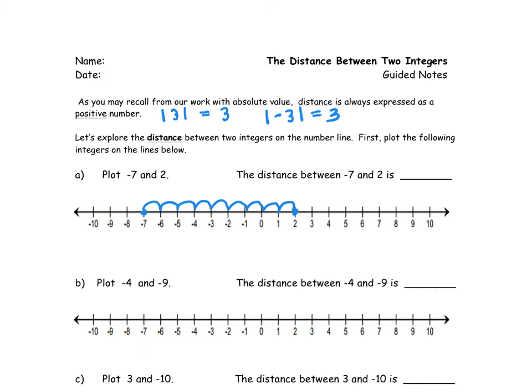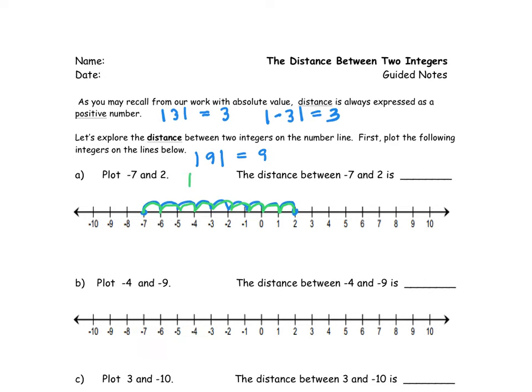And what I did is I went forward or to the right, so I'm showing a positive 9. The absolute value of positive 9 is 9. So now let's try that if I started at 2 but went to negative 7. So that would be 1, 2, 3, 4, 5, 6, 7, 8, 9.